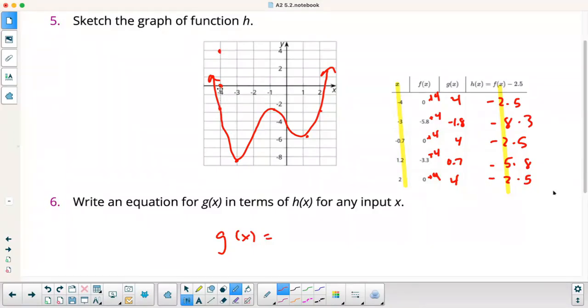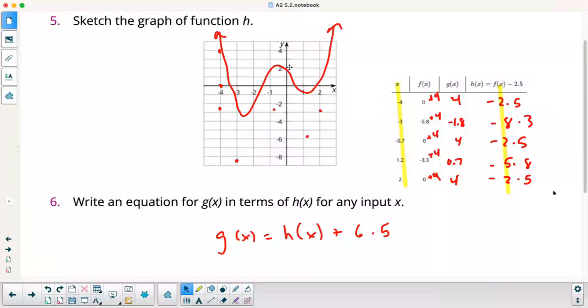You'd have to add the 2.5, or the negative, you have to add 2.5 here, and then another 4. So it would be like h of x plus 6.5. Okay, because you'd have to move it all the way up to there, which is 6 units.